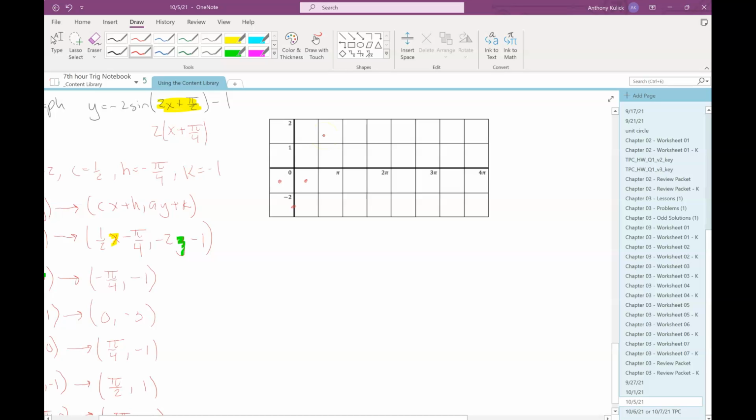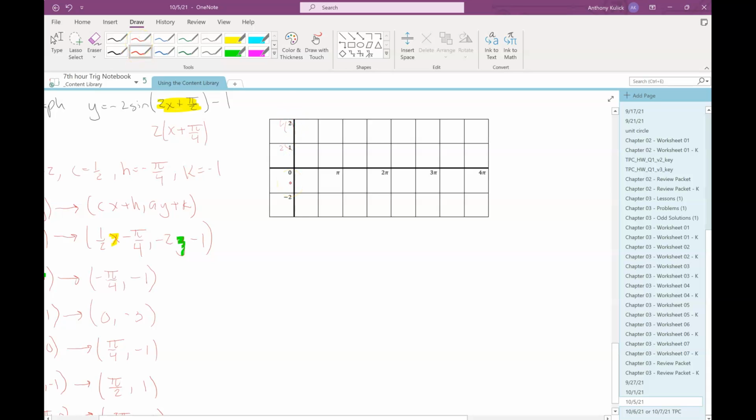Okay. So I don't know what happened here, but this is supposed to be a negative 2 down here. Negative 1's there. Oh, all right, hold on. I lied. This should be 2 and this should be 4.